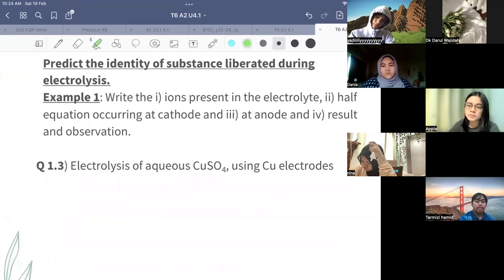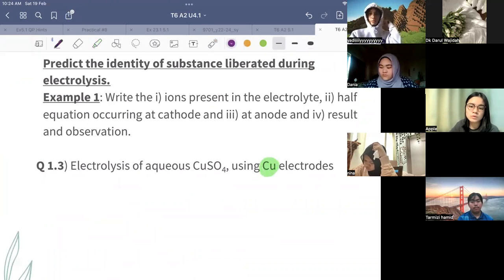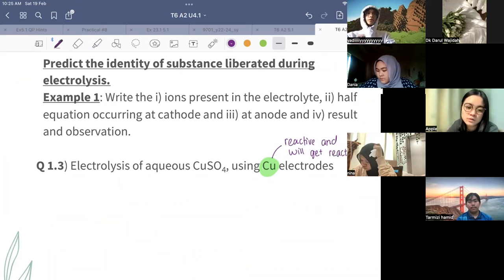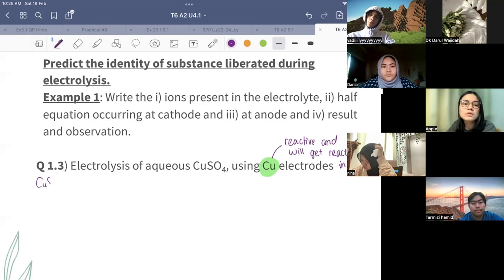Okay, you need to highlight that copper electrodes is reactive and will get involved or will get reacted in electrolysis. Same thing, copper sulfate, it's still an aqueous solution.